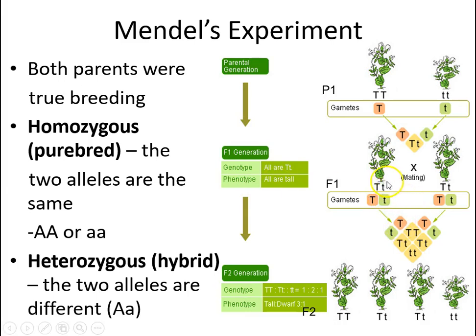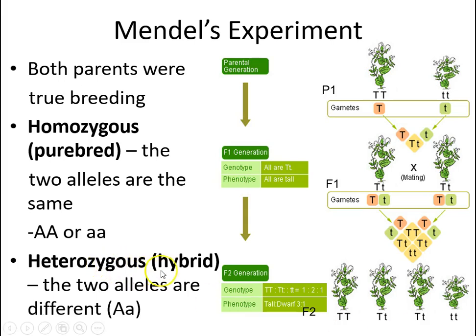Okay, and then when we crossed two heterozygous together, we get a variety of traits. So we have a quarter of the plants that are homozygous dominant, half of the plants are heterozygous, and a quarter of the plants are homozygous recessive.